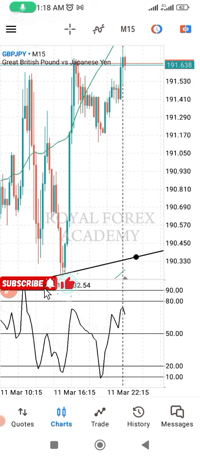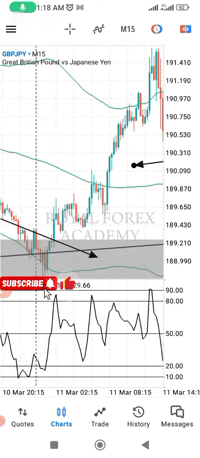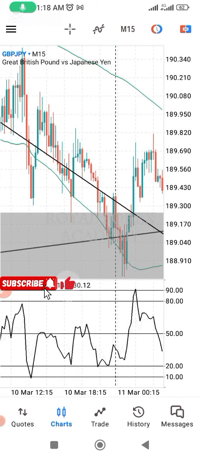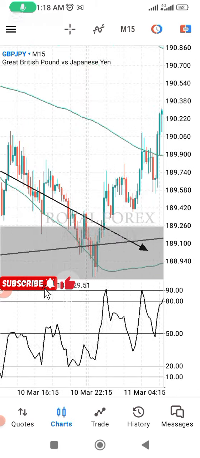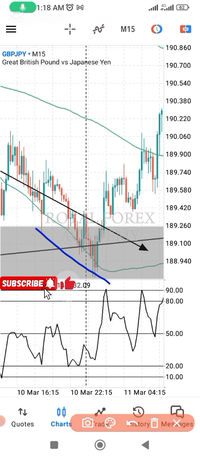Now let's look at the 15 minutes where this entry was taken from. Beautiful. You can see that even on our 15 minutes, we are having a divergence.